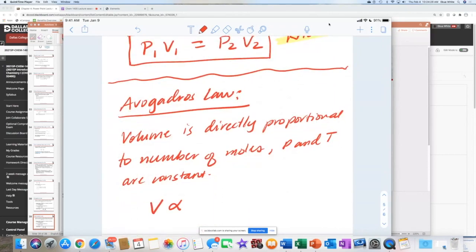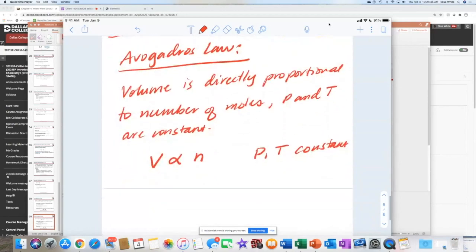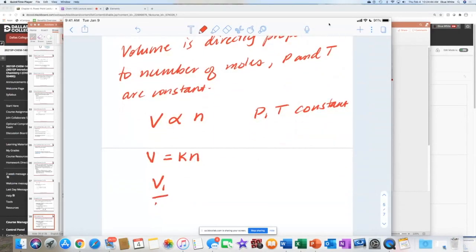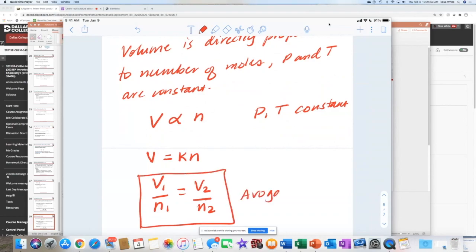So volume is proportional to number of moles, and P and T are constant. The equation ends up with volume equals K n, so V1 over N1 equals V2 over N2. And this is Avogadro's law.